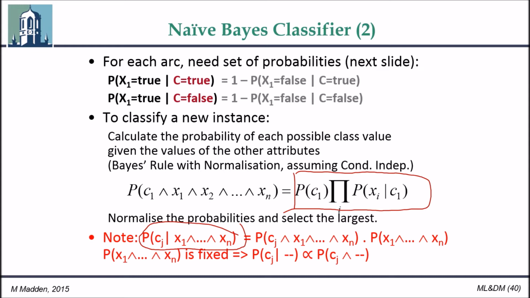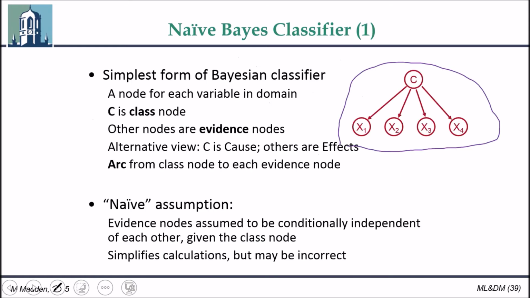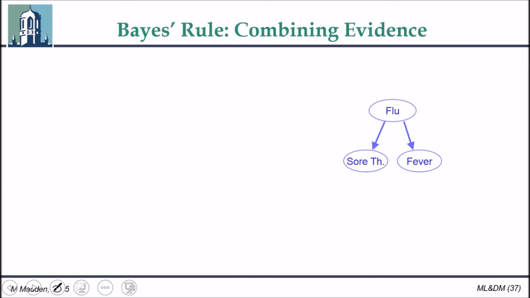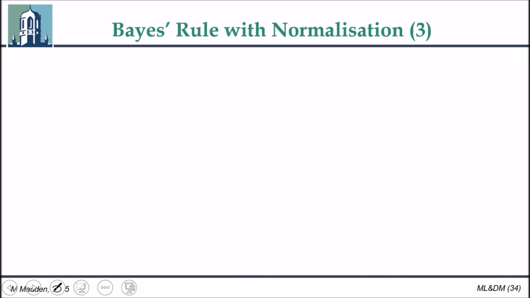And let me just back up a few slides. If we take a look at that, I think we will see that that is actually very much like what we saw in the flu example.